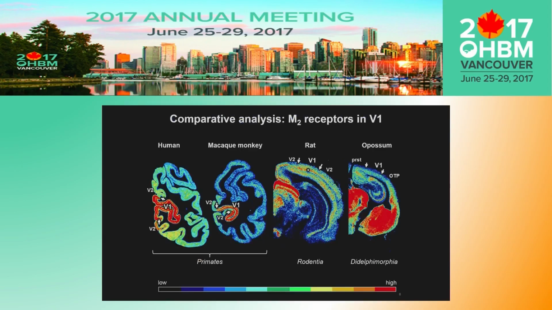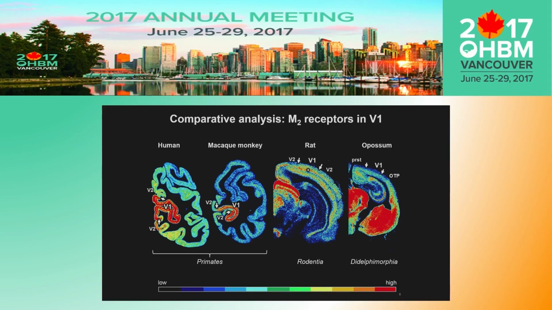So back to the primary visual system, back to the M2 receptors. The left of the slide shows the primary visual cortex in humans, and right next to it the macaque monkey brain, and you can see that the situation in the macaque monkey brain is the same as in the human. The primary visual cortex stands out by its extremely high M2 receptor density.